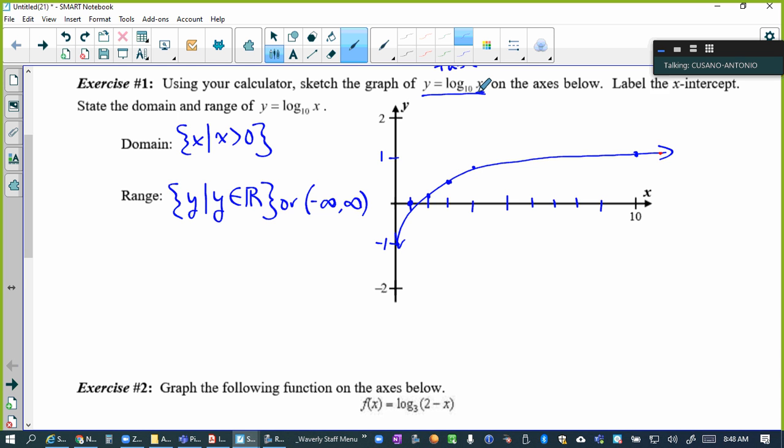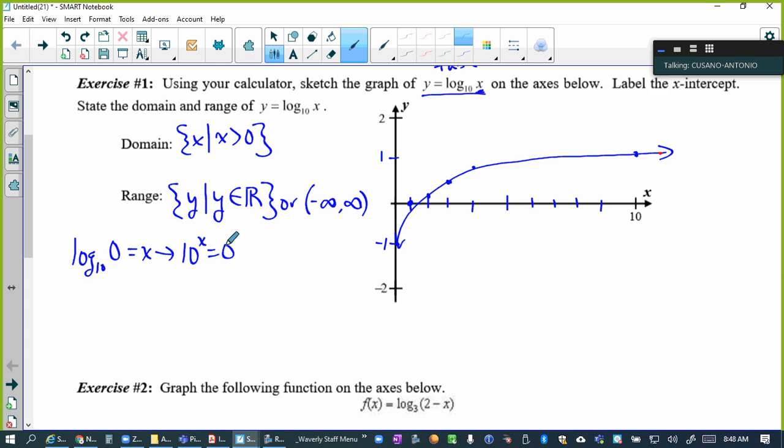No. Let's think about this. If log base 10 of 0, right, equals something, right? Doesn't that imply from what we did in the previous section that 10 to some power equals 0? Is that possible? Can you write?